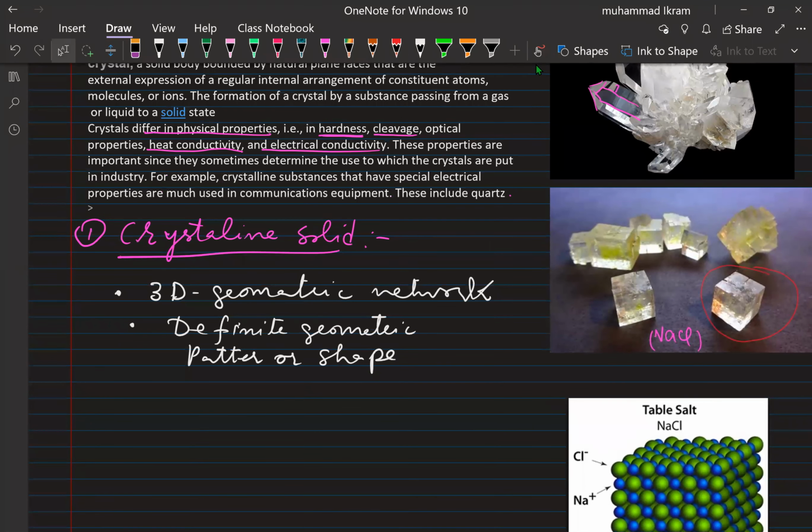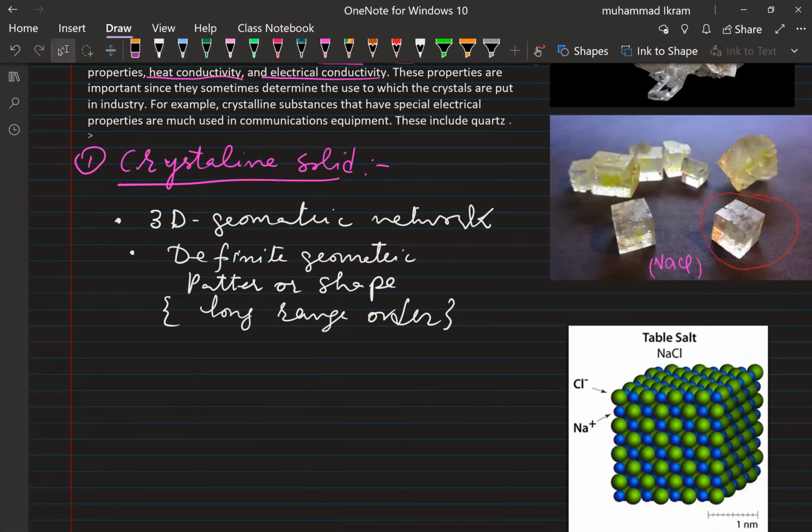This definite geometric pattern, we sometimes call it the long range order. The long range order, it is called what? The long range order. So they have a definite geometric pattern or shape which repeats itself continuously over the entire crystal.